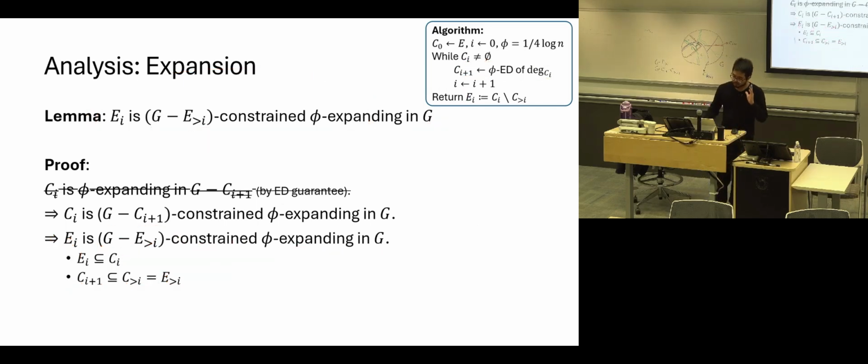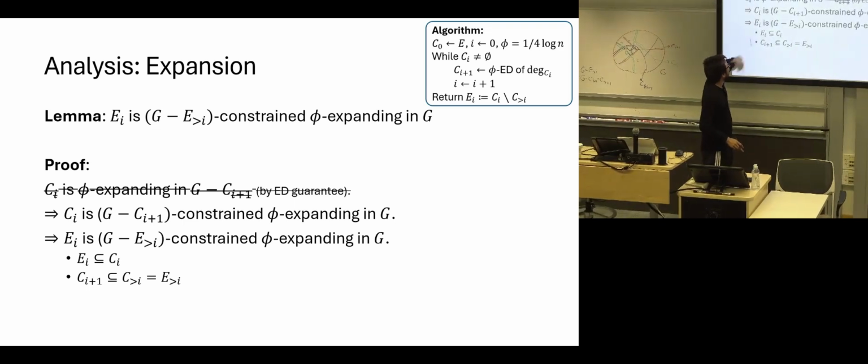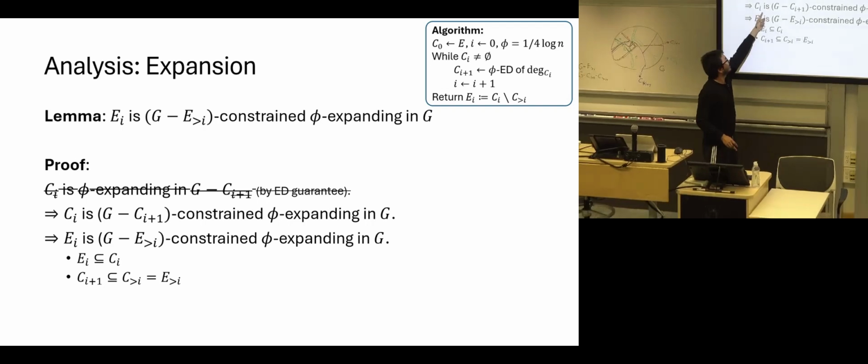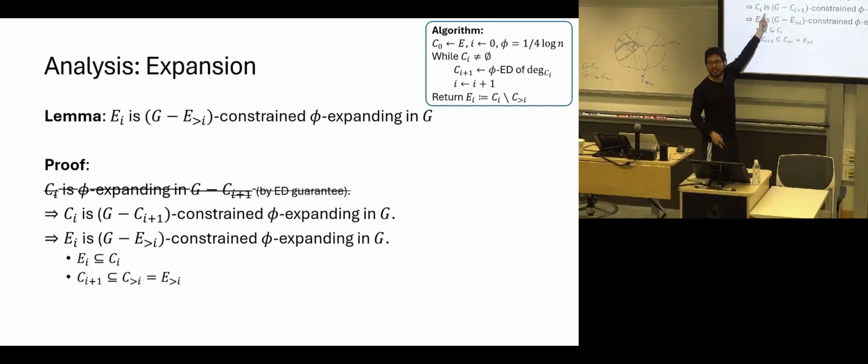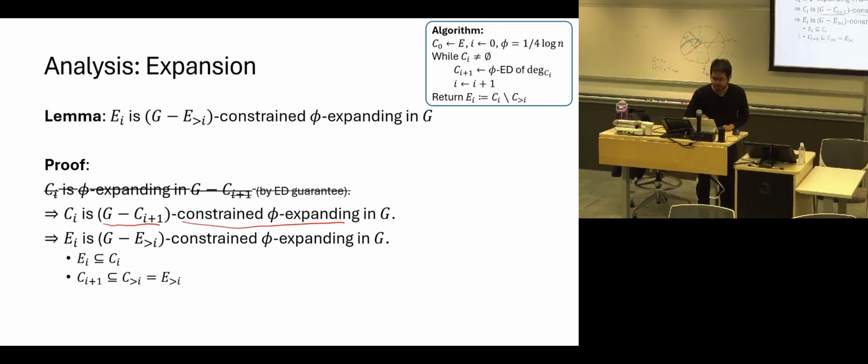So further, I want to look even further. If you look at the proof, I need this step to conclude the proof. I just need that Ci is G minus Ci plus 1 constraint expanding in G. Can you tell me how I can relax the algorithm if I only need this?